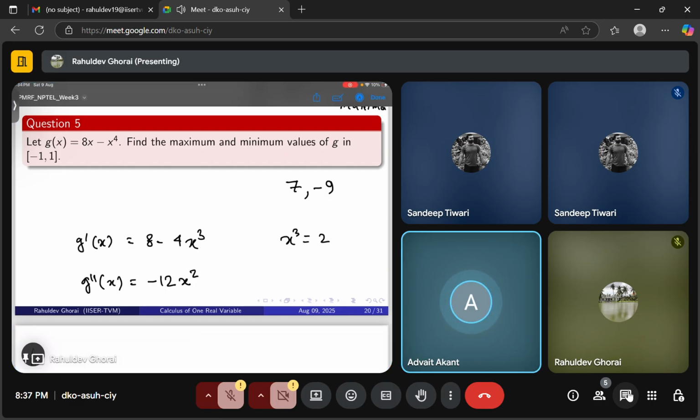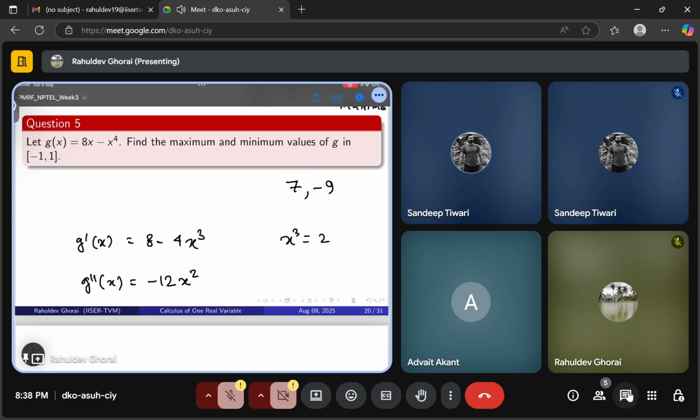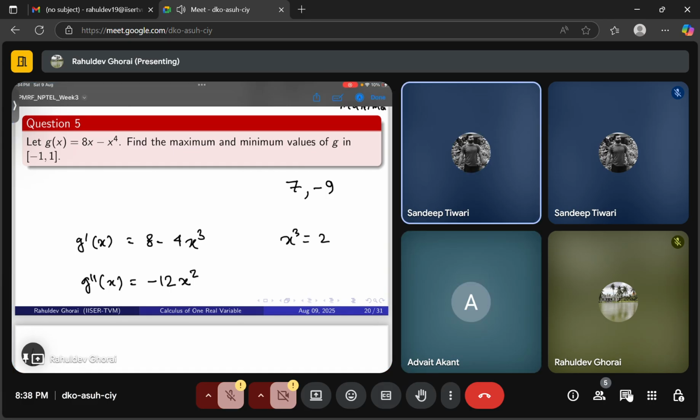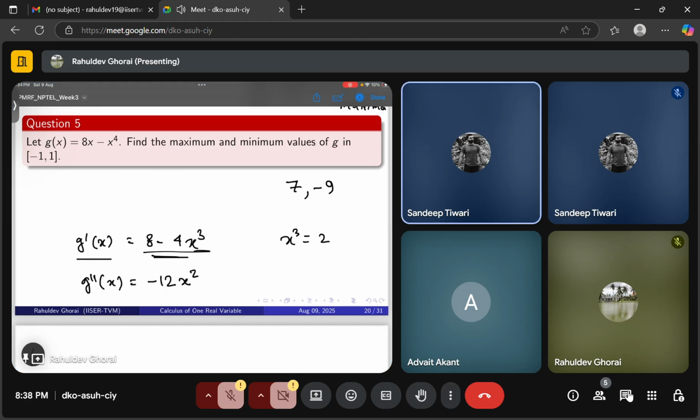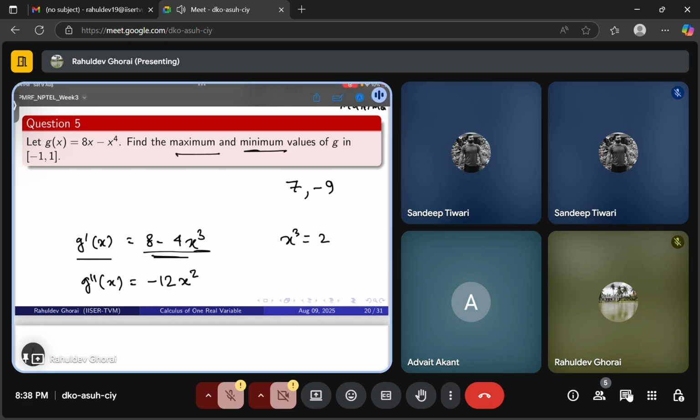Sir, g dash x is always greater than 0 in the interval. When the function is increasing. No, that is g dash x, even if it is, okay, it's a maximum minimum. It's not even a critical point. We don't need it here.